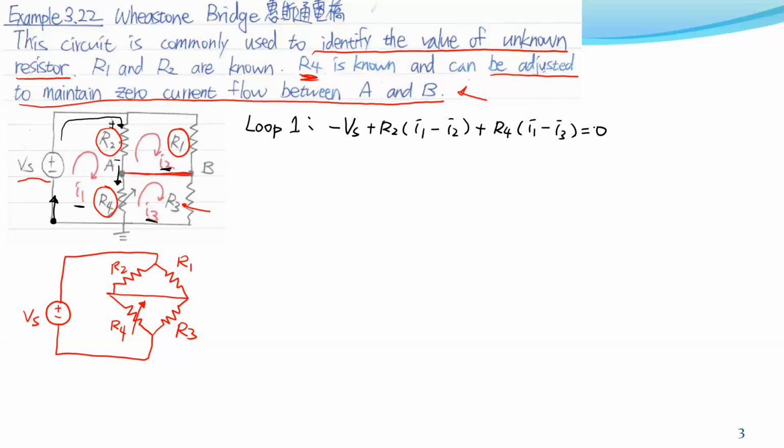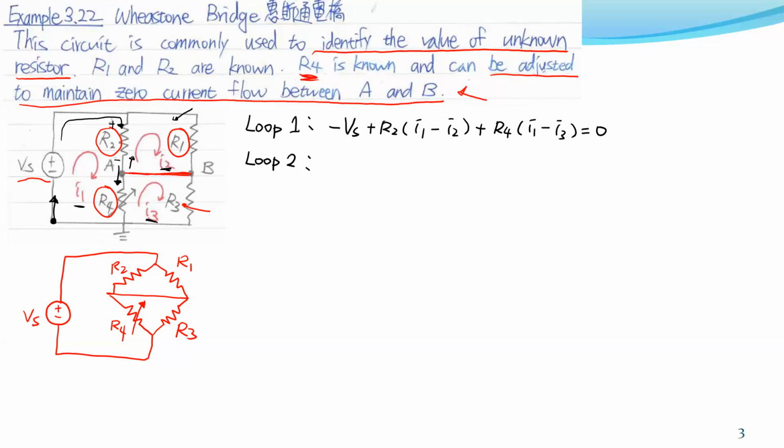And then we look at loop 2, or we can say mesh 2. Loop 2 is here. We start from this point, and we meet R2 first, and R2 is a resistor.